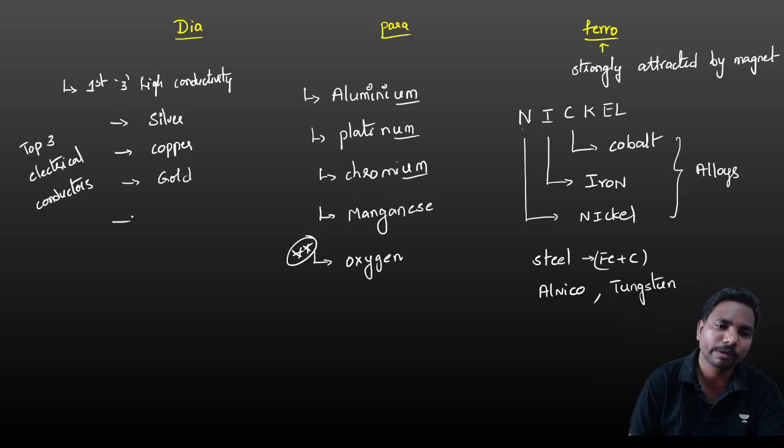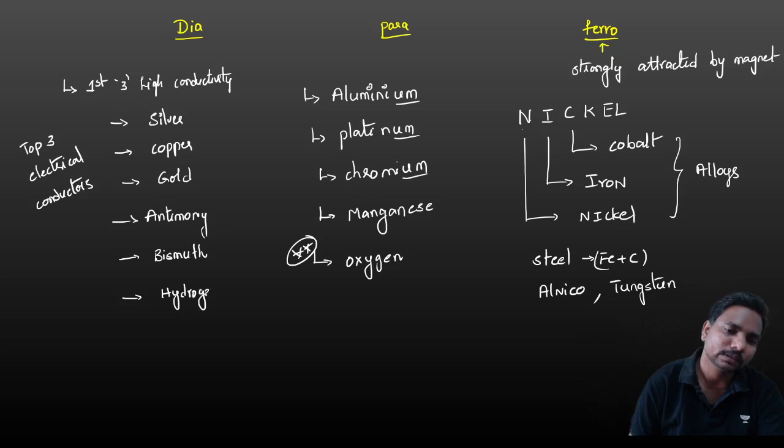After that, remember in alphabetical order: antimony, these are repeated ones only, bismuth, B for bismuth, and then hydrogen in gas form is very important, mercury, quartz, zinc.